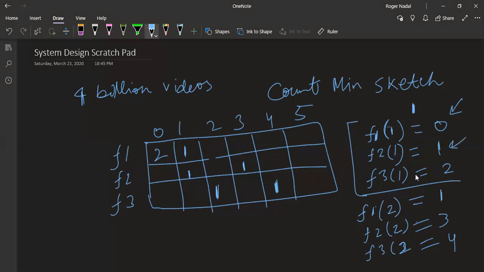F2 of 1 was 1, so I will increase the count by 1 and make it 2. And F3 of 1 was 2, that will also become 2. So that's fine.